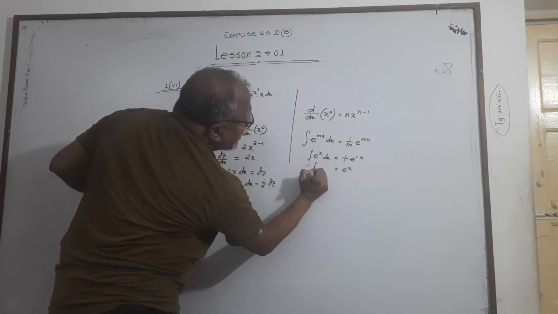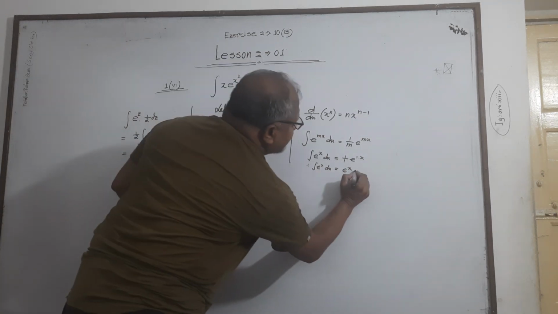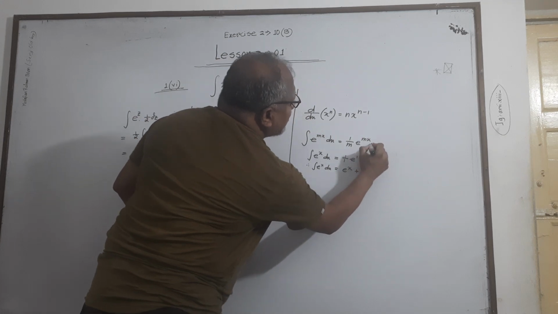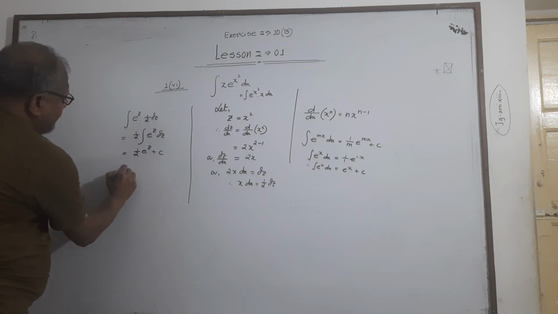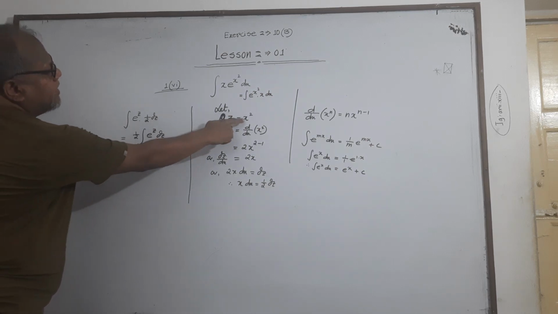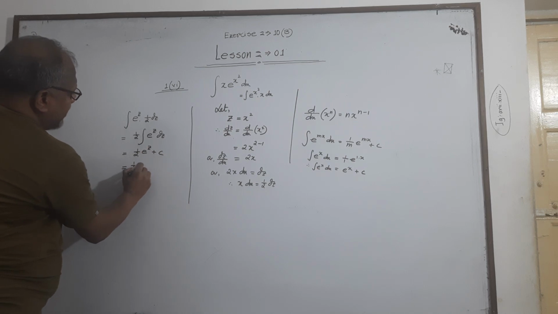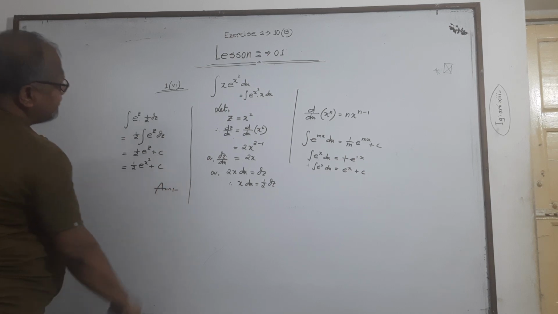So we can say integration of e to the power x dx equals e to the power x plus c, here also plus c. So here I am going to put the value of z. The value of z is x square. So half e to the power x square plus c, and this is the answer.